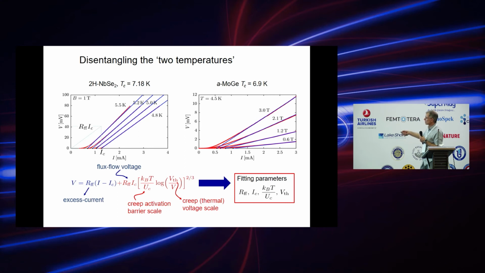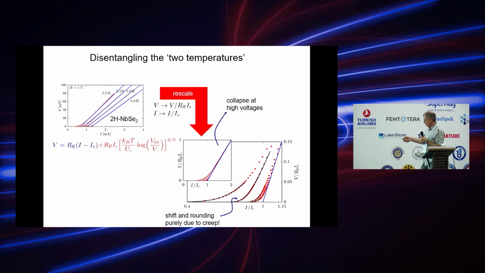After you got these slopes and critical current, you rescale the data, measuring them as a function of current you put to the critical. So you shift all these curves to the same straight line there.